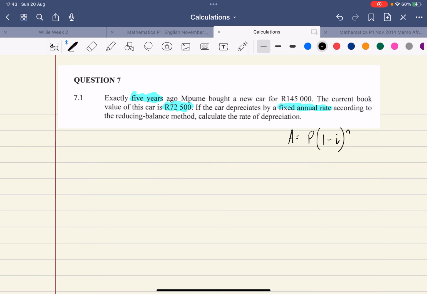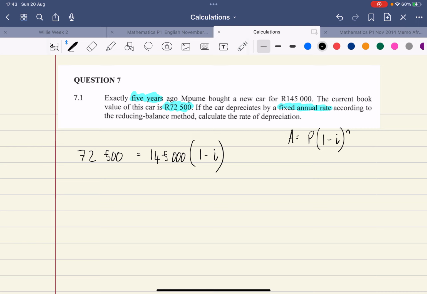And I've written the formula over here. And this is going to be just an algebraic manipulation to solve for that depreciating value. So if A is what the car is currently equal to, its value, and P is what it was bought for, then A = P(1 - i)^n, and we're solving for i, and n is the time period.